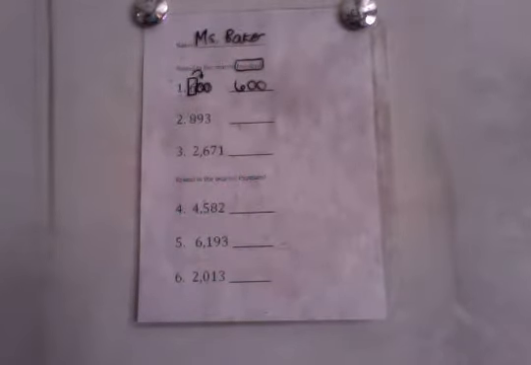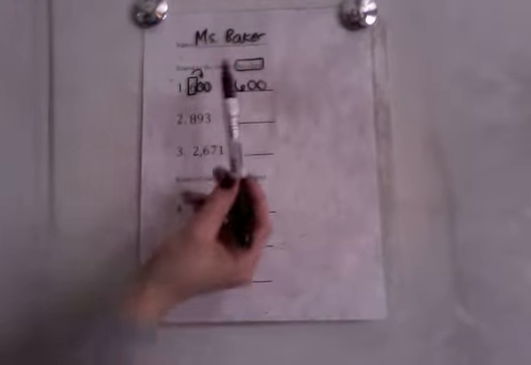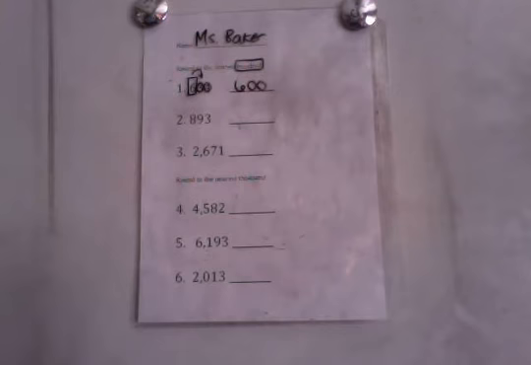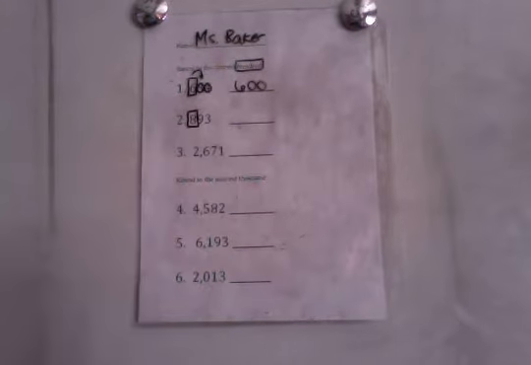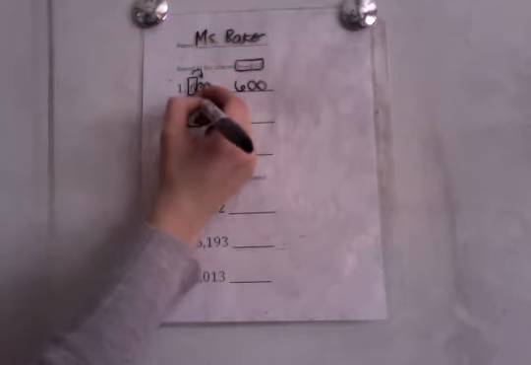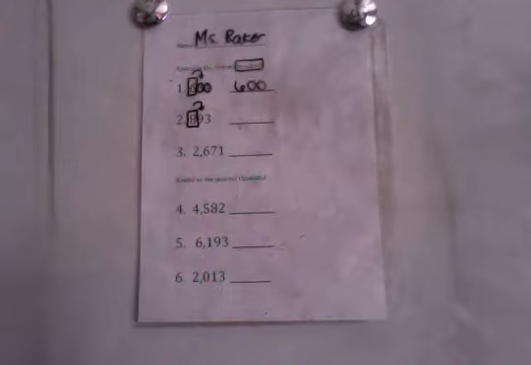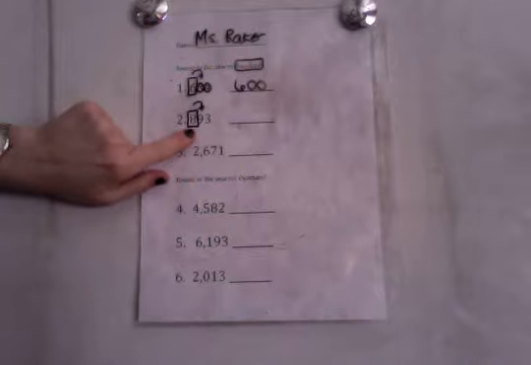Let's do number 2. 893. What place value am I going to put my box around? Yeah, the hundreds place. Go ahead and put a box around our hundreds place. And we need to look next door to decide how we're going to round the number 8.